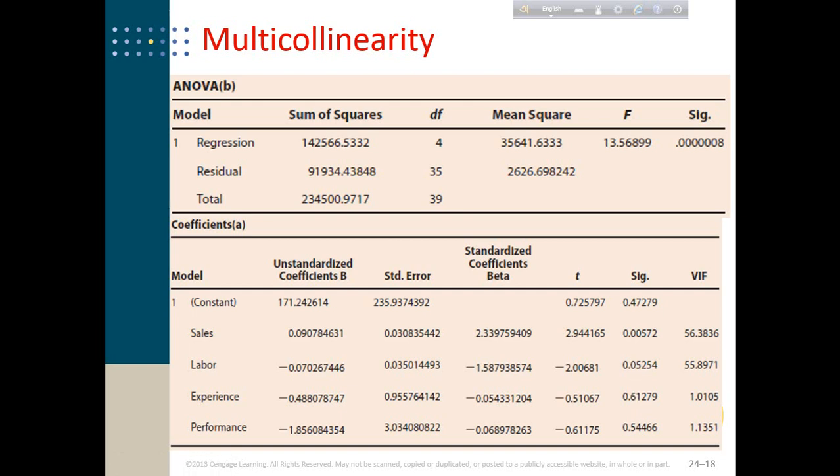Now, sometimes when we estimate a regression, we may have an econometric problem that we call multicollinearity. Actually, when we run a multiple regression, what do we want to do? We want to explain the variation of the dependent variable using some independent variables.